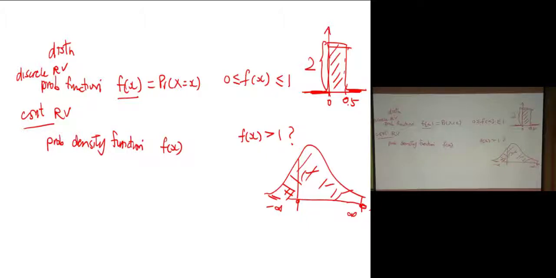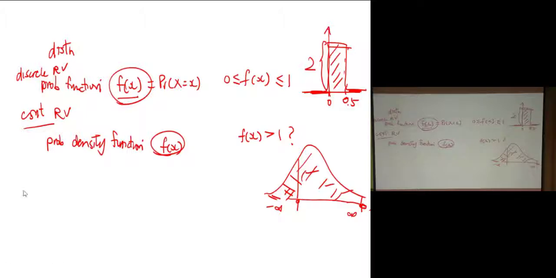Then this width times the density gives you the probability that the random variable lies between x and x plus delta x. So that's the density function.